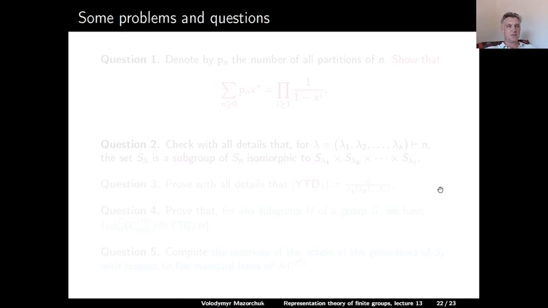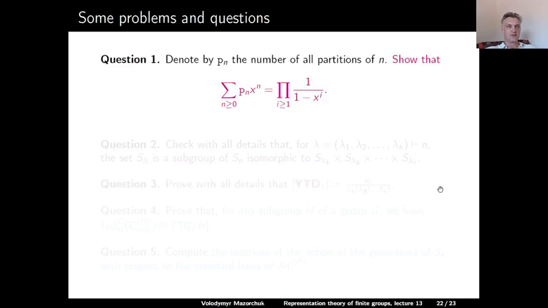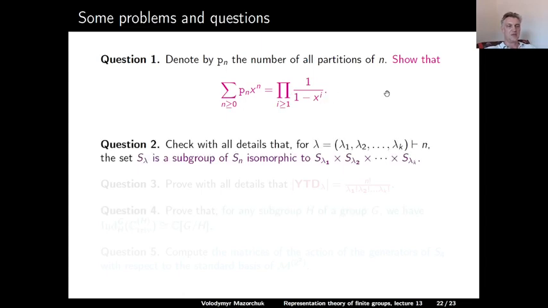Let us finish with some further problems and questions. Question 1. Denote by Pn the number of all partitions of n. Prove that the generating function for the sequence Pn is equal to the product over all i from 1 to infinity of 1 divided by 1 minus x to the power i. Question 2.